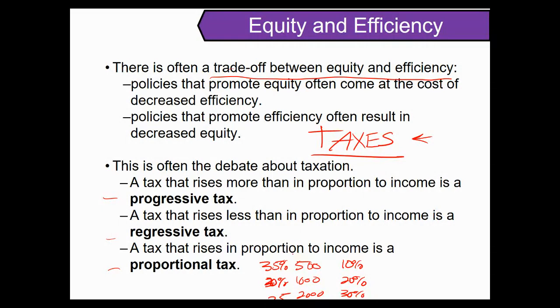So a regressive tax is essentially as you make more, you pay less in percentage. Now, that doesn't mean you're paying less taxes overall, the money that's going to the government, you're just paying a lesser percentage. Okay. So here, this would be regressive, and the one on the right would be progressive.